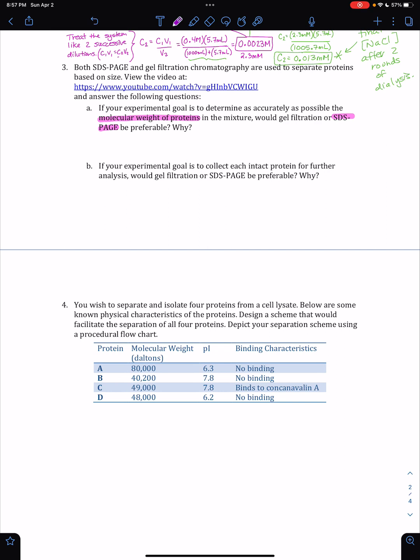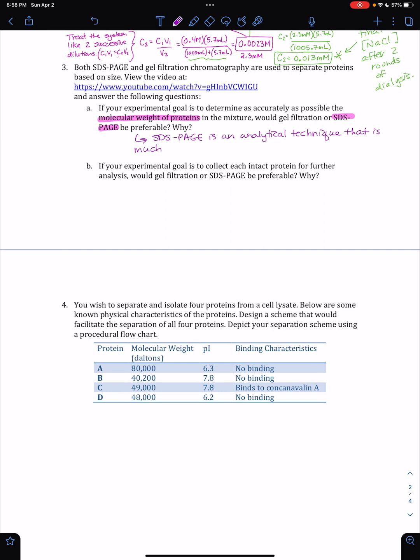SDS-PAGE is an analytical technique that is much more accurate in terms of the relationship between how far the peptide will move through the material based on its molecular weight.